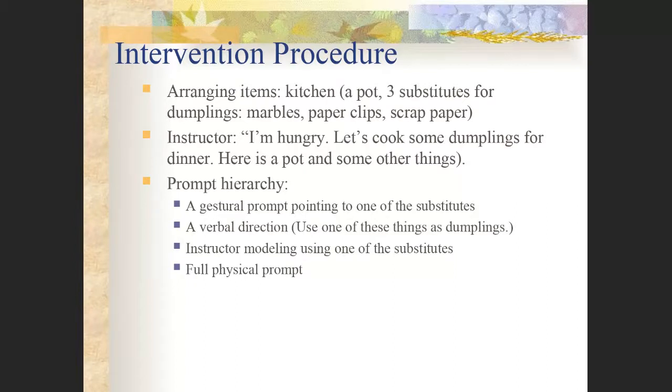We gave a pot and 3 different substitutes for dumplings, for example, marbles, paper clips, or scrap paper. And an instructor will create a play situation, for example, "I'm hungry, let's cook some dumplings for dinner. Here's a pot and some other things," right?